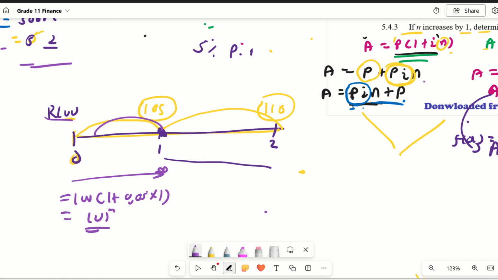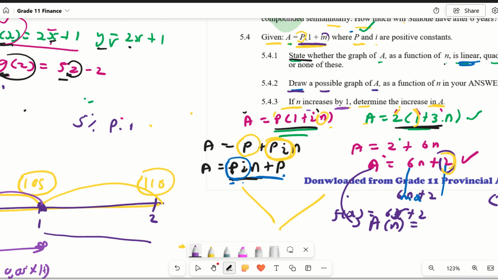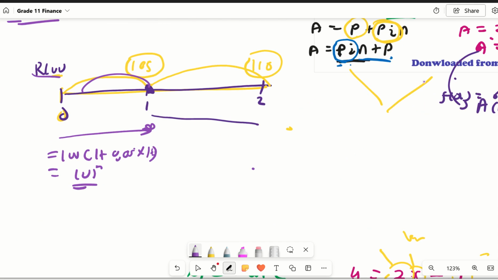Then that's your balance there. Now you want to add 1 here. You go plus 1, which is exactly what they're saying. n increases by 1. This will give you 110. This is the balance there.